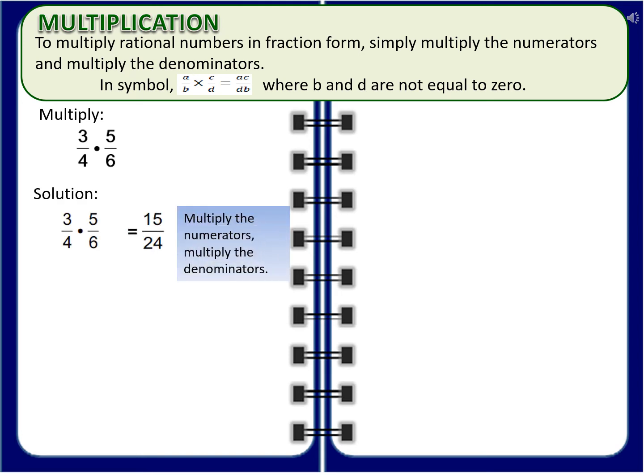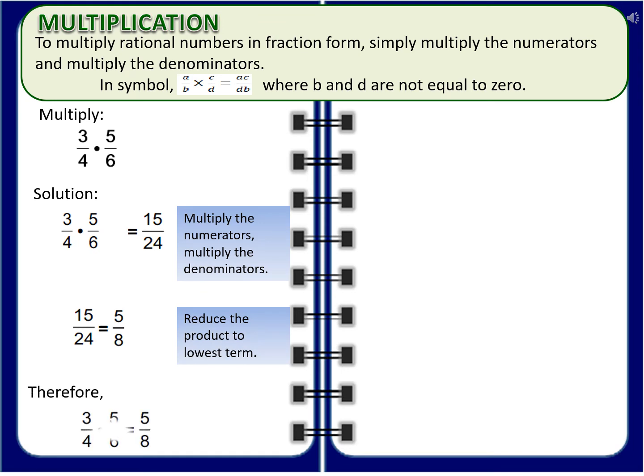For the solution, 3 times 5 is equal to 15, and 4 times 6 is equal to 24. Therefore, 15 over 24 can be reduced to lowest term, which is 5 over 8. Therefore, 3 over 4 times 5 over 6 is equal to 5 over 8.